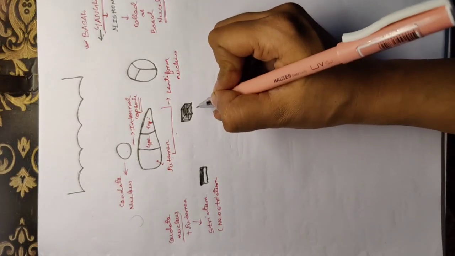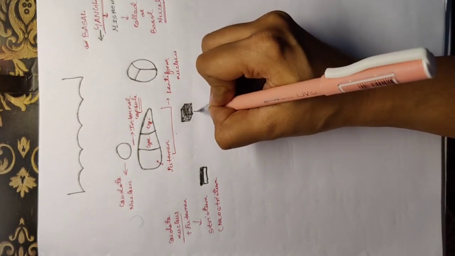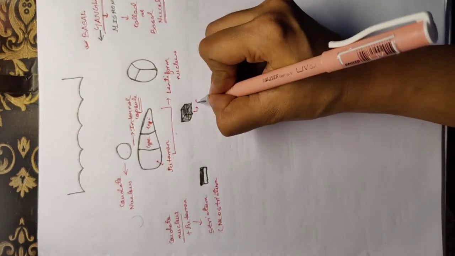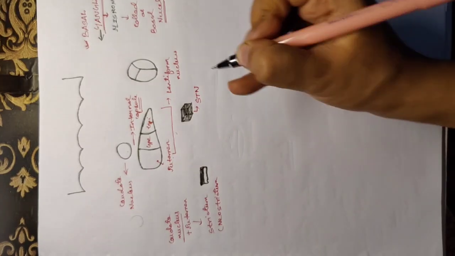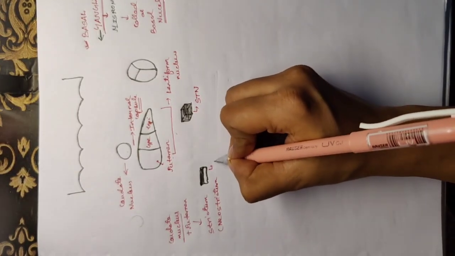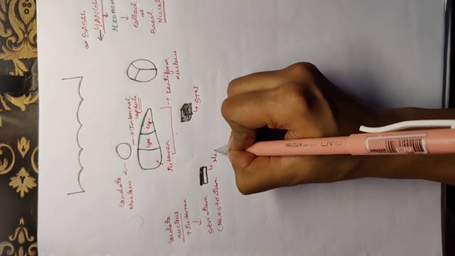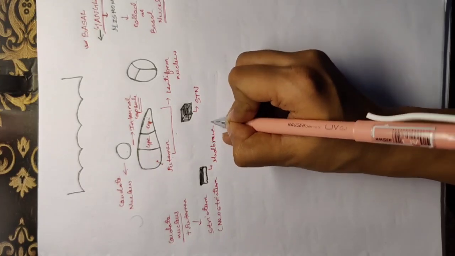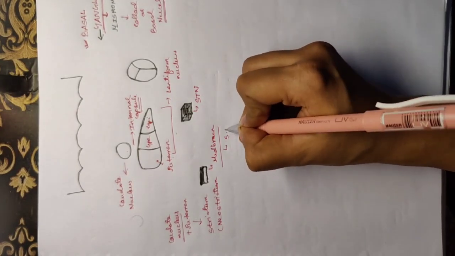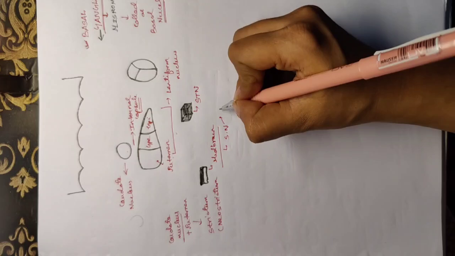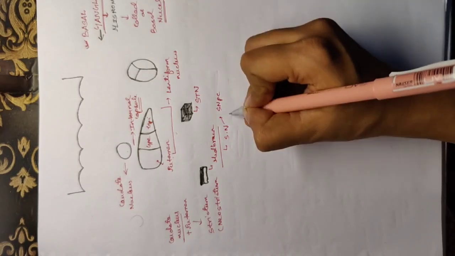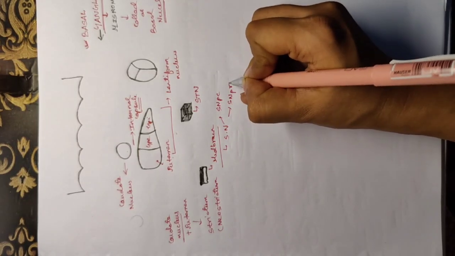The structure that we see over here is the subthalamic nucleus. And right over here there is a structure located in the midbrain, that is substantia nigra. Substantia nigra has two portions, substantia nigra pars compacta and substantia nigra pars reticulata.